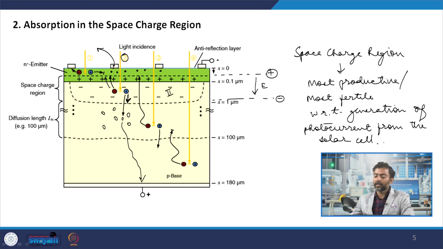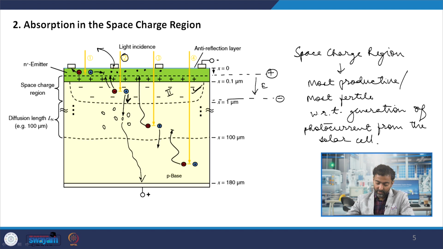So this is highly desirable. Any photon which gets absorbed in this region, the space charge region, most likely will contribute to useful photocurrent and produce some useful output of the solar cell. So this is actually the most desirable region.